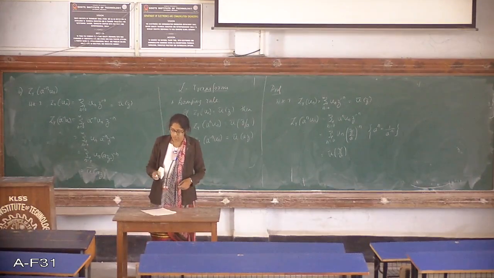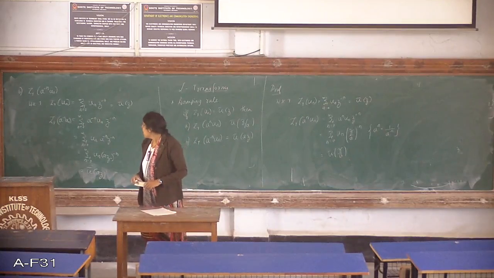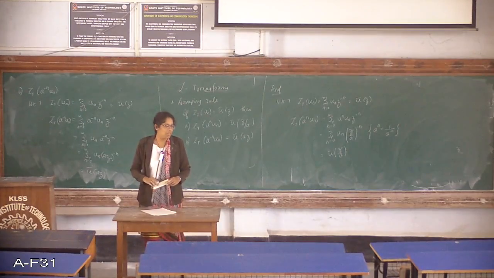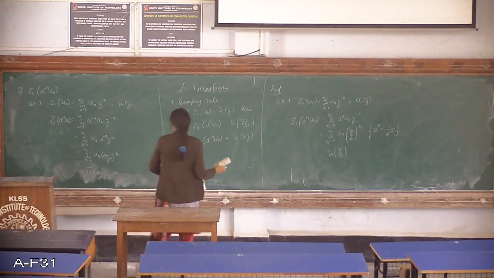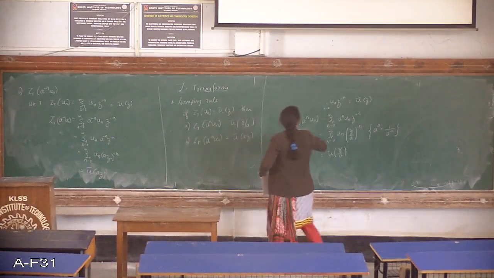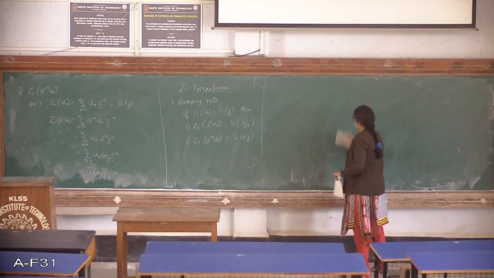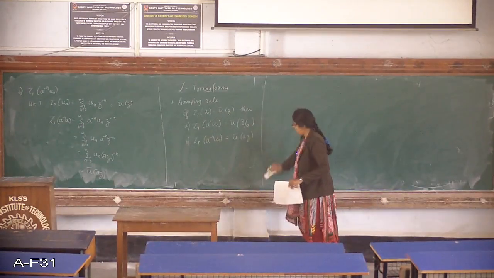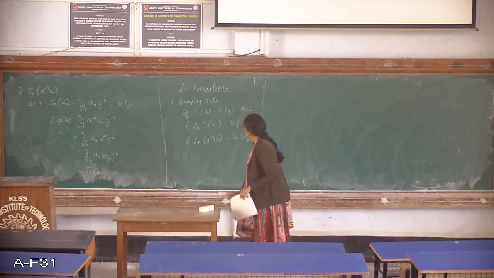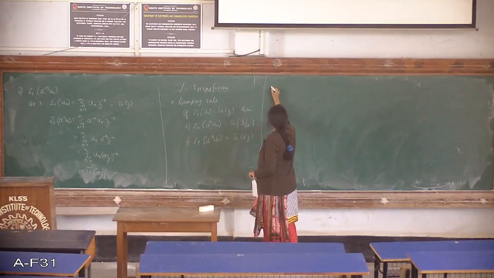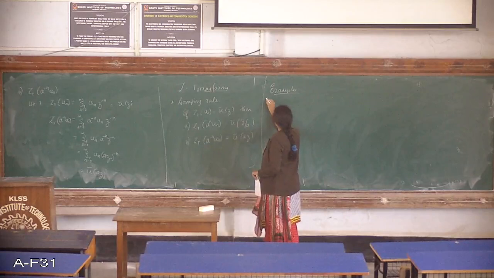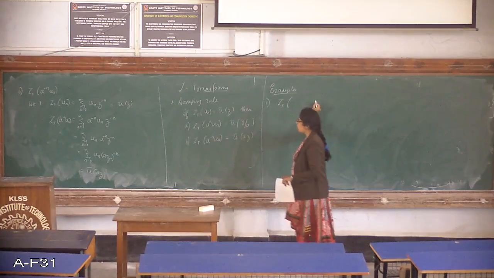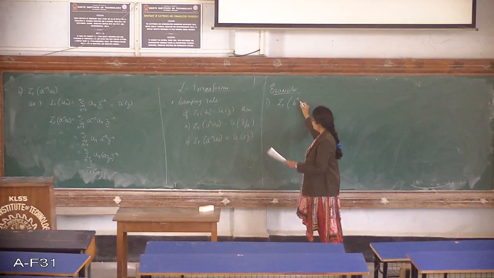Now let us find out what happens when we make use of this rule for a few of the standard functions whatever we had discussed. So if I can just give examples on damping rule, that is, if at all I have to find the z transform of k raised to n into n.